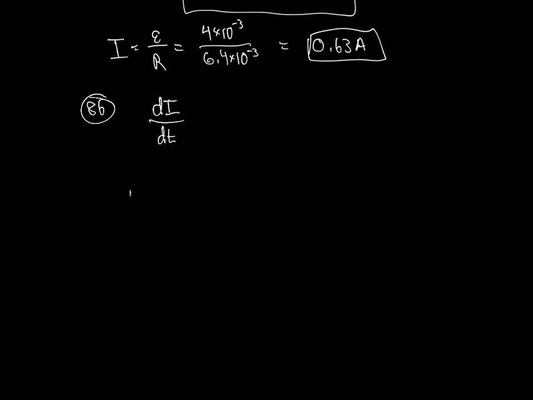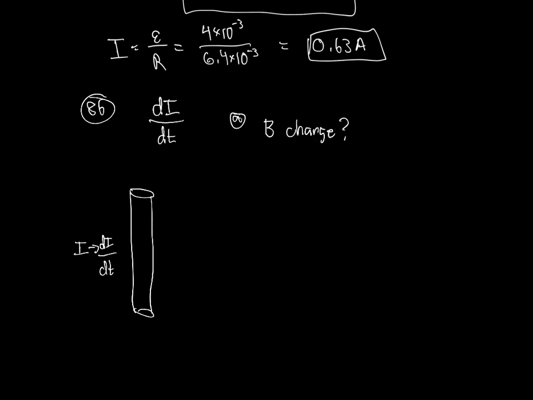So I basically have a wire that has a current in it, and that current is changing at a rate di over dt. They want to know what's the change in the magnetic field if I'm a distance r away from it.